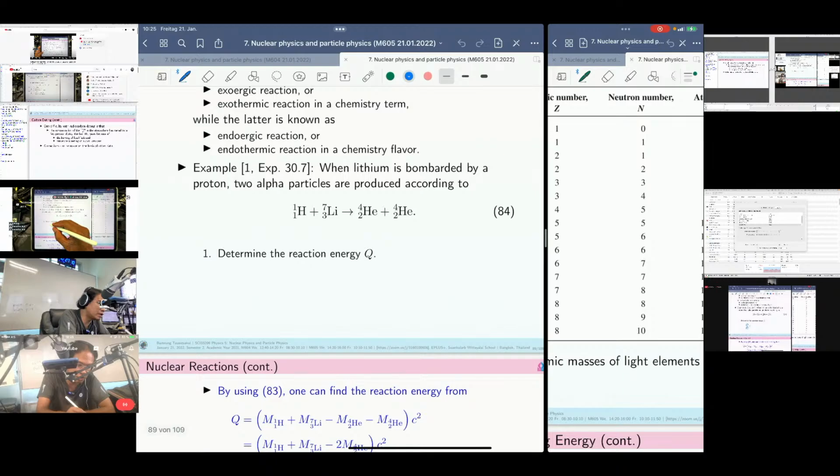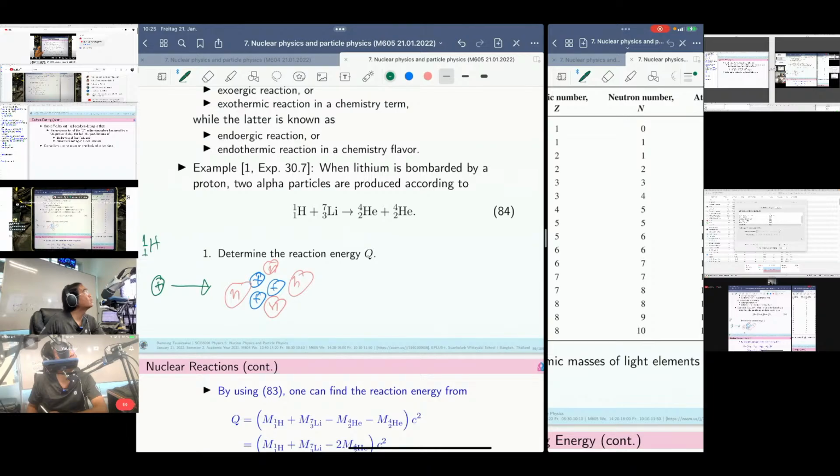That's the nucleus of lithium 7 3, and you accelerate the proton, which is denoted here H 1 1, right? It moves in this way, and you accelerate it with high speed, and this process turns to be the product like this, the output like this.